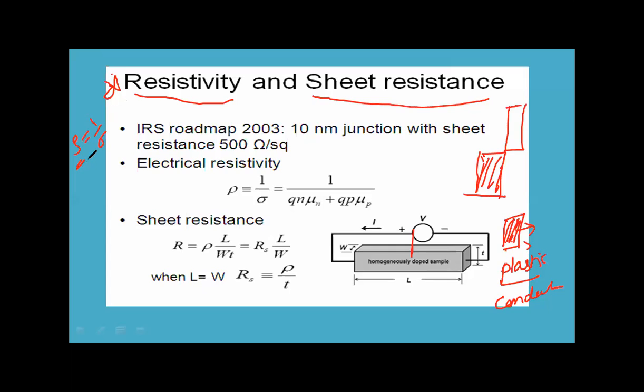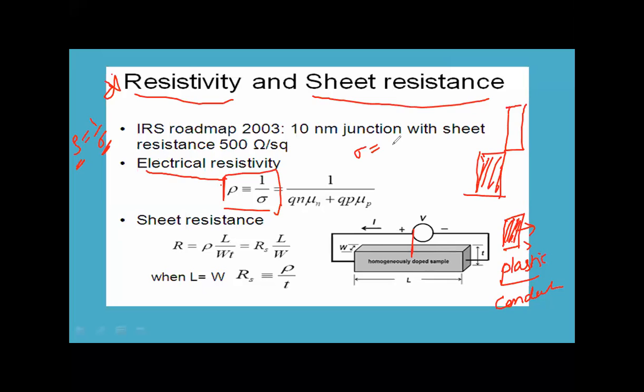So we have to find the resistivity in order to calculate the conductivity. This is a simple setup. The electrical resistivity is 1 by sigma, and we already calculated sigma before. What is sigma?